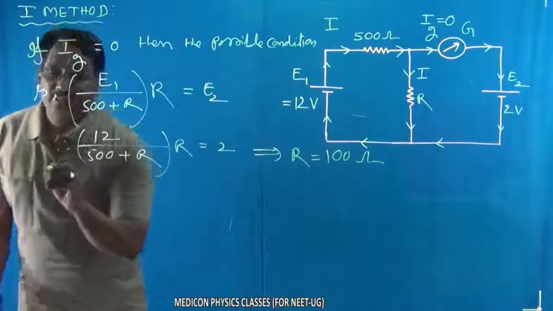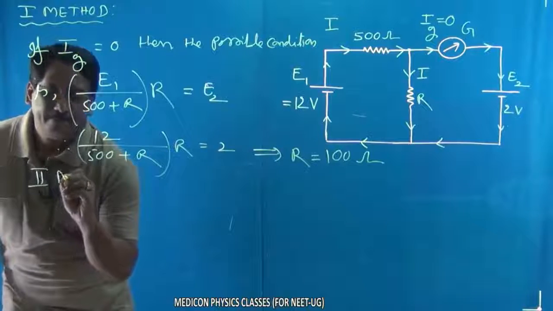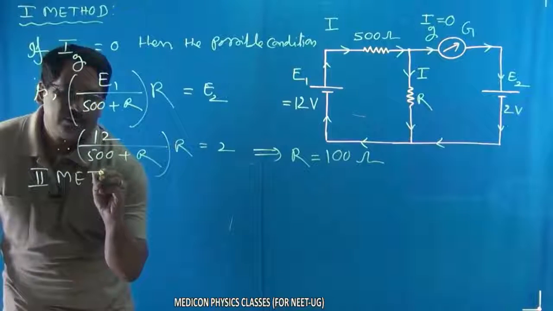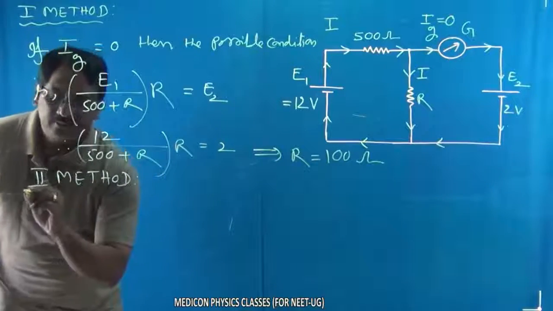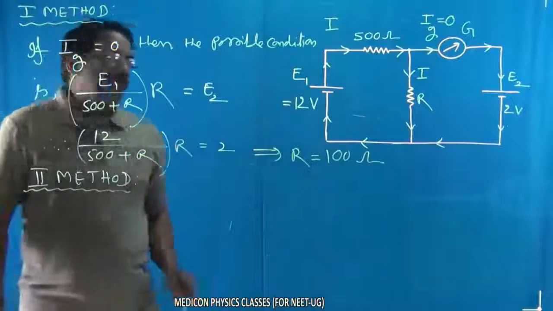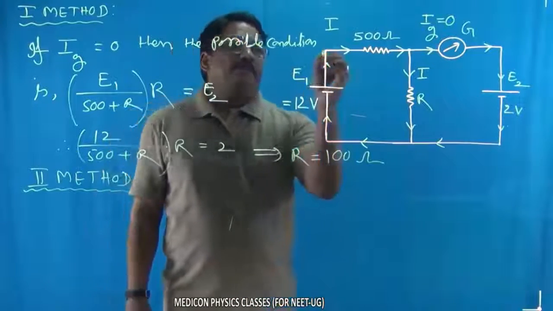The second method is Kirchhoff's laws method. For this, as I told you, we have to use a loop theorem. So let us name it now, loop.